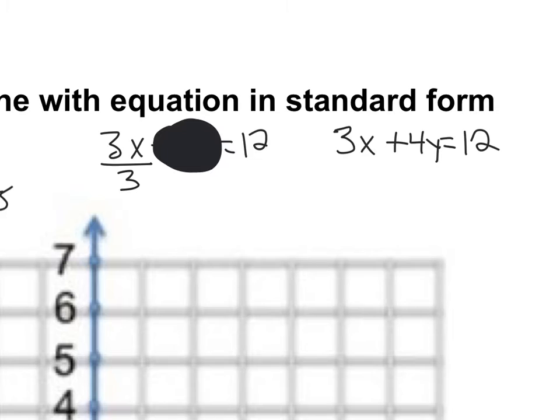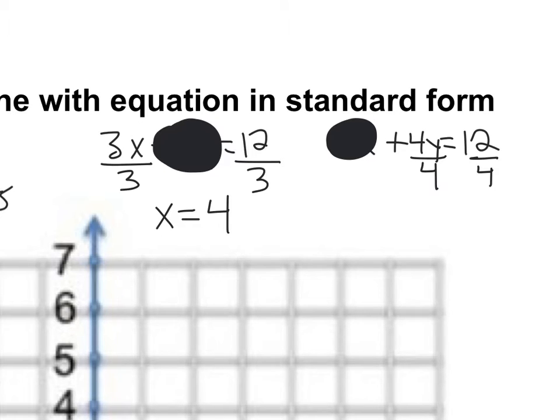So we'll divide by 3 on each side, and x in this case is going to equal 4. We'll do the same thing over here, except now we want the y coordinate, so we're going to block out the 3x and just solve it as 4y equals 12. So divide on this side by 4, and that side by 4, you'll get y equals 3.